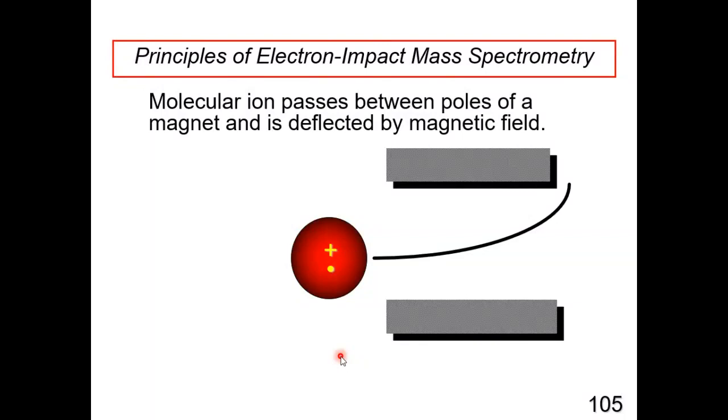The force only relates to the charge. So if you have many molecular ions, say A, B, C, D, all with a single unit of positive charge, the force applied on those molecular ions from the magnetic field is the same, but the masses of A, B, C, D are different.